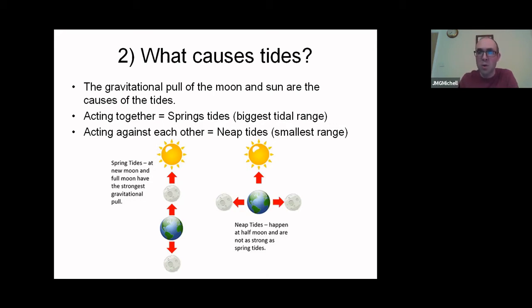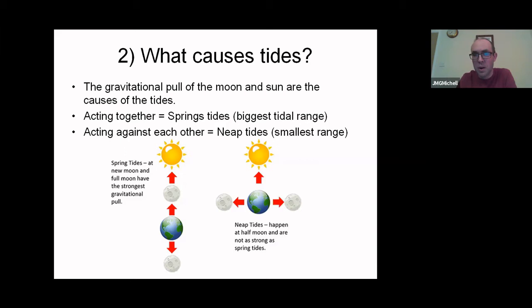And when I show you the tidal predictions, you'll see what I mean. So John and I had a chat last night, and the next lot of spring tides, the tidal range is 7 meters. The next neaps, I think it's 5.6 meter tidal range.